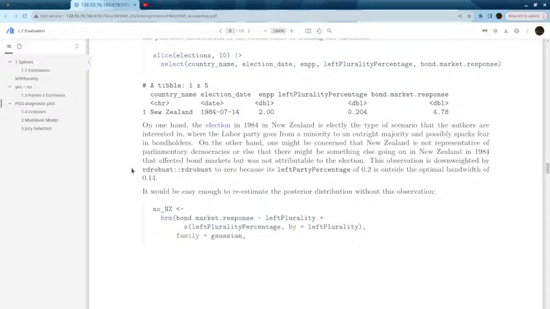He was in the Conservative Party, and then he was drunk and decided to call for an election. And then the Labour Party won an outright majority of the seats in New Zealand.